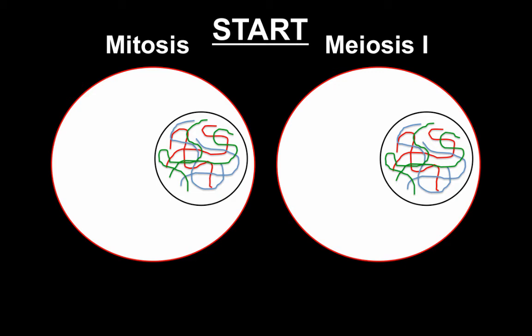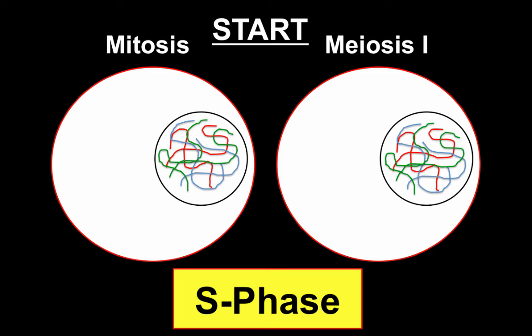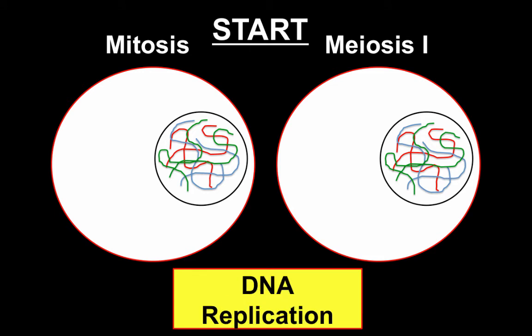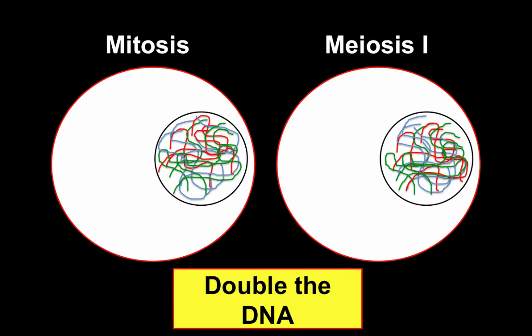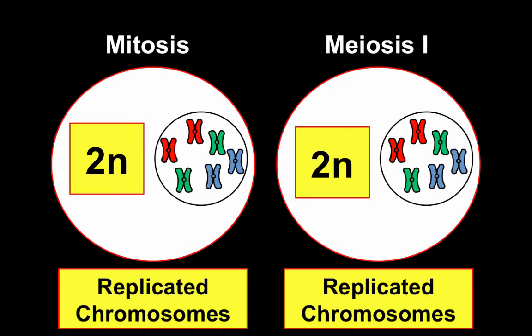Now remember, every cell goes through the cell cycle. So all of these cells are going to go through S phase first. So we're going to have DNA replication occur, the DNA is going to double, and so when the chromosomes actually form, we're still starting with 2N, but we're going to have replicated chromosomes. So notice these have 6 chromosomes which are replicated.